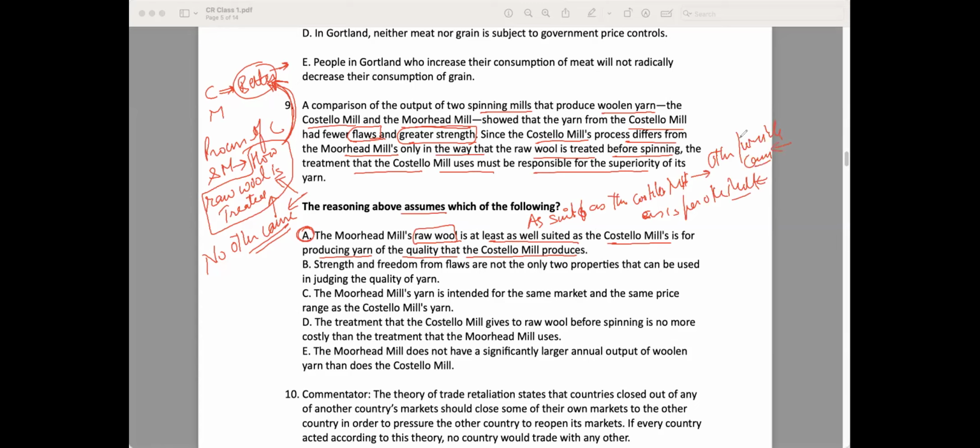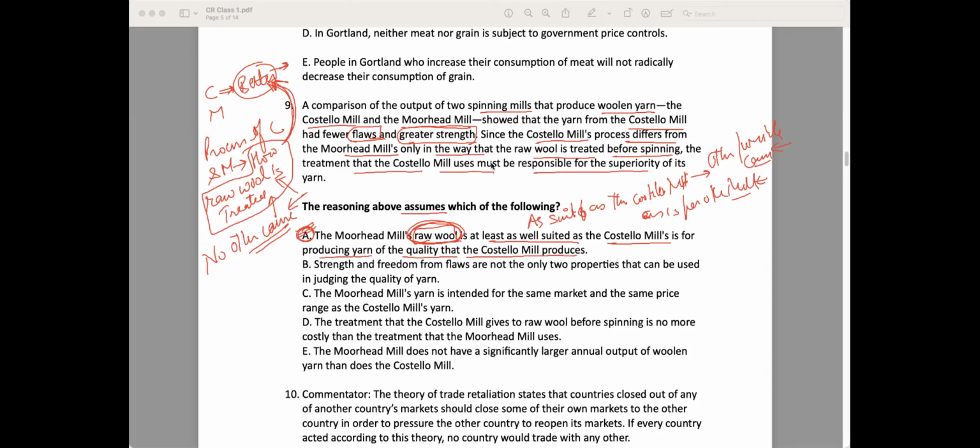So if the raw wool is more suited for Castello mill, then it can have better quality without any other difference. That could be the cause of better quality of yarn. Option A definitely says that the other possible reason is not present. Understood, everyone? We'll go to other options as well, but this is what it is.